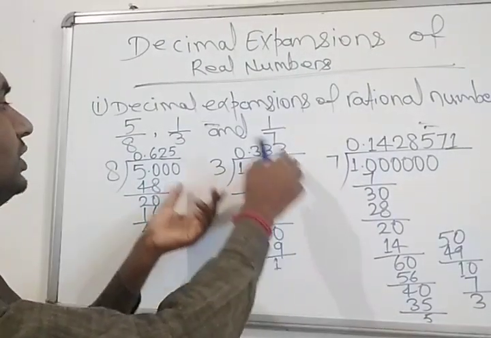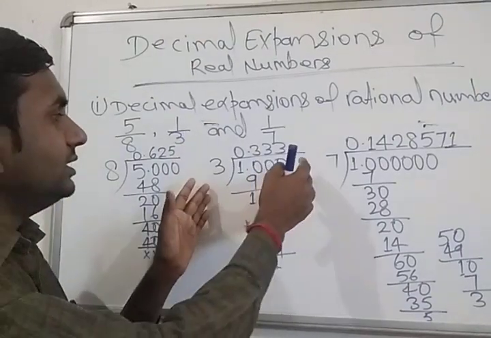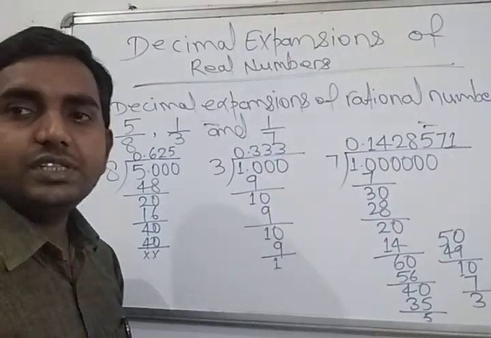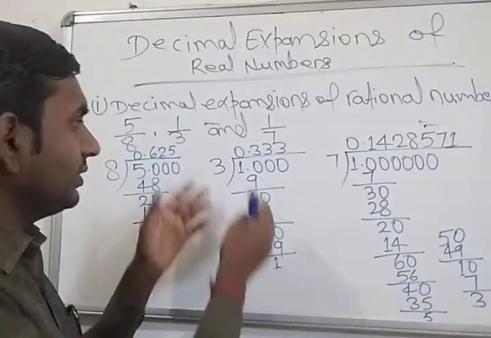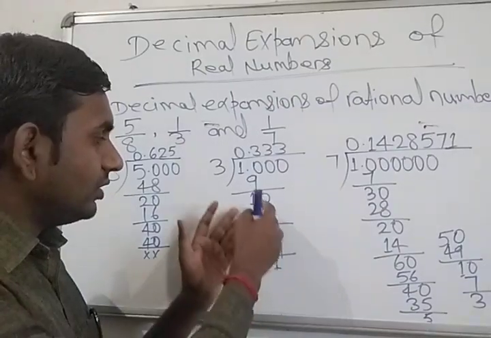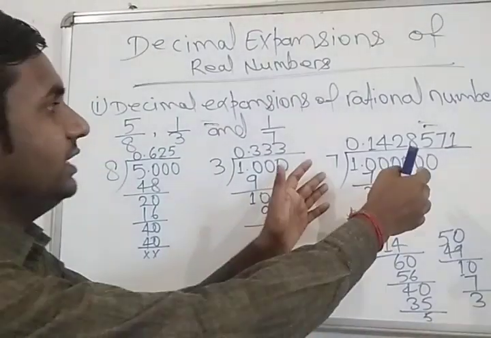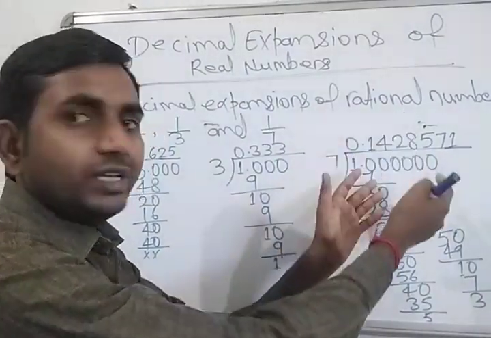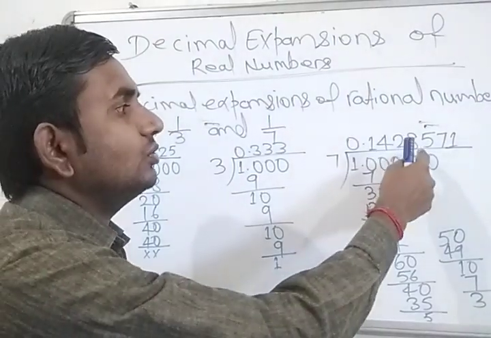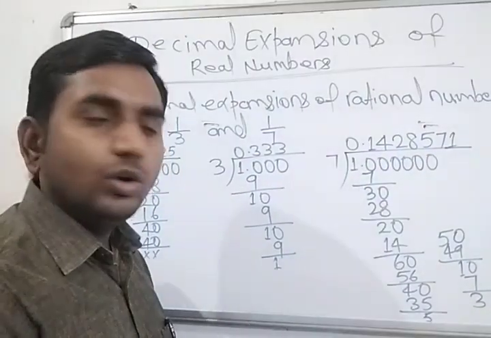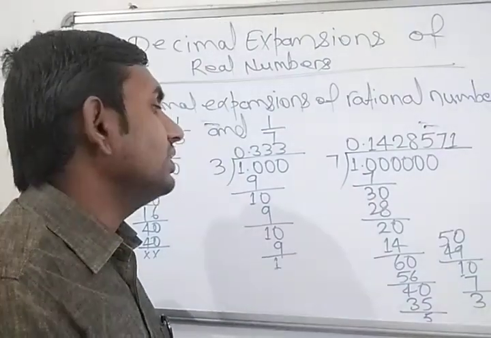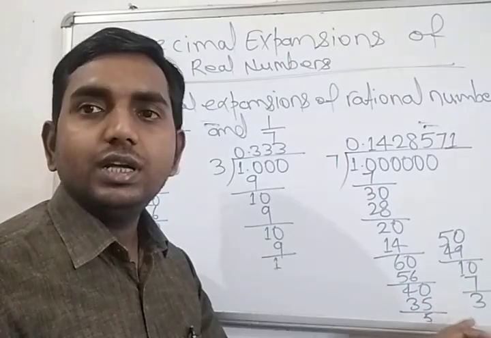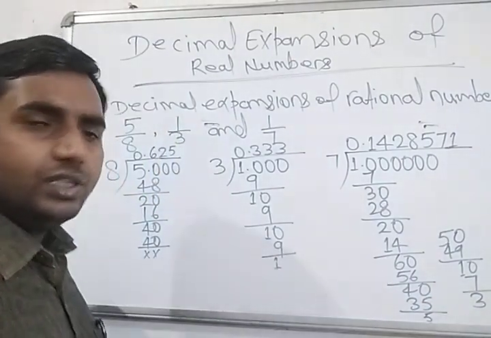If we divide 1 by 3, we get as a quotient 0.333, which means here 3 starts to repeat, and we find remainder 1, 1 and 1 in all cases. And in 1 by 7 we divide, then we find as a quotient 0.142857 and then 1. In the form of remainders we have 3, 2, 6, 4, 5, 1 and again 3.